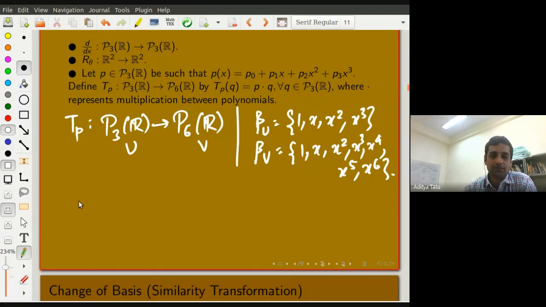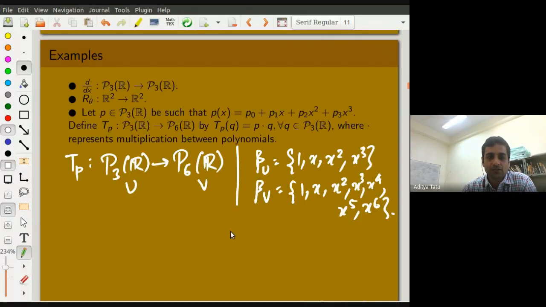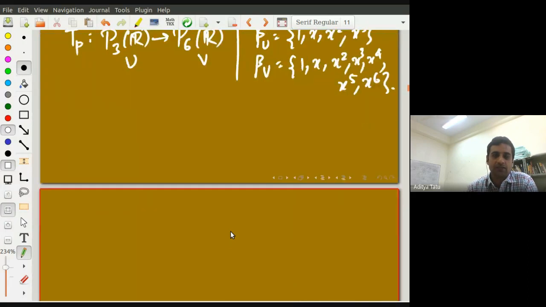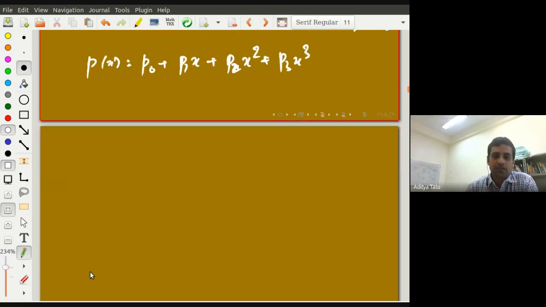I don't think this much space is enough. Okay, so P is a third degree polynomial, P0 plus P1 x plus P2 x squared plus P3 x cubed. Right, who would give me the first column?